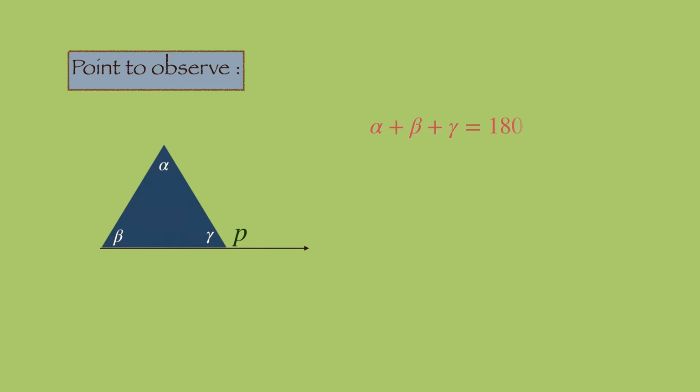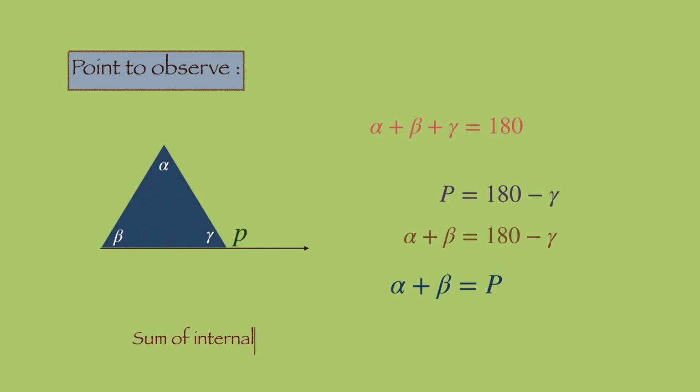And we also know that the sum of the interior angles is 180 degrees, as in alpha plus beta plus gamma is 180 degrees. From here, we can say that alpha plus beta is equal to 180 minus gamma. So can we now say that alpha plus beta will be equal to P as well? Or in other words, the sum of the interior opposite angles is equal to the exterior angle.